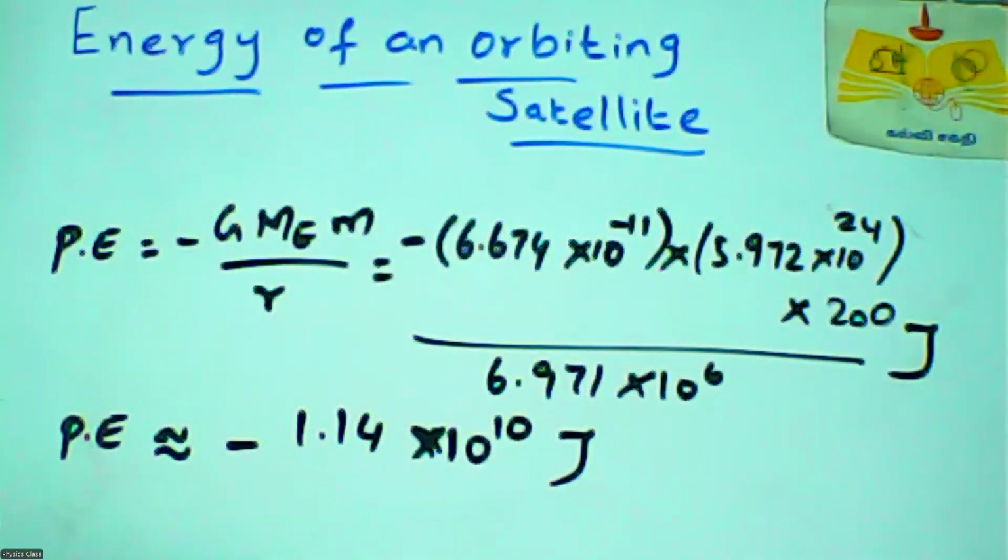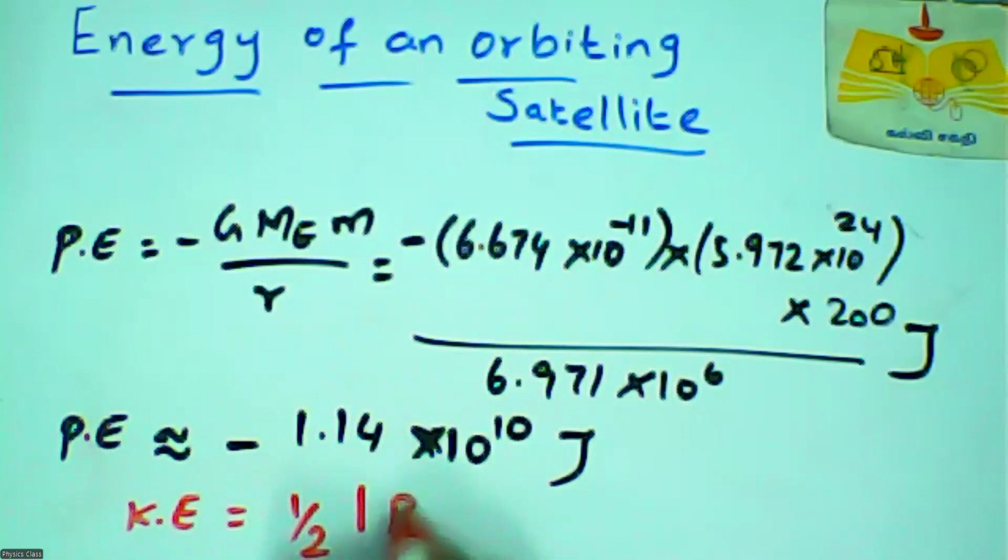We have to find the kinetic energy. Note it down. For a circular orbit, the kinetic energy is exactly half of the magnitude of the potential energy. Already I told you. In the potential energy we see the negative sign, but the kinetic energy value is half the magnitude of the potential energy. Clear? Okay, right.